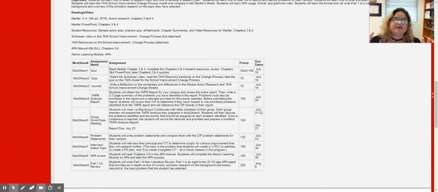So by getting feedback from your peer and me, the goal is that you truly understand how to read these TAPER reports, but more importantly, not just read the TAPER reports and understand the data, but how to present your areas of need in a succinct, concise, and collaborative way so that leaders and other shared stakeholders buy into your ideas as a leader.